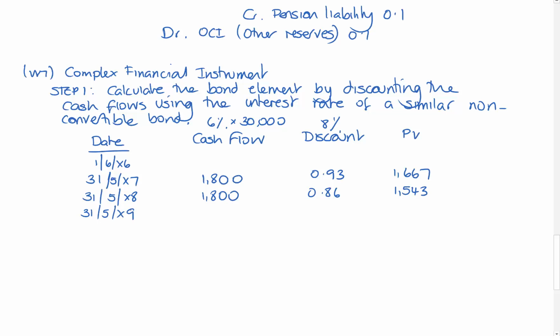If we take a look at X9, this is when the bonds can be bought back. So therefore the cash flow would be the capital. We always assume that all of the bonds will be bought back. So that's going to be 30 million plus the interest of 1.8 million.